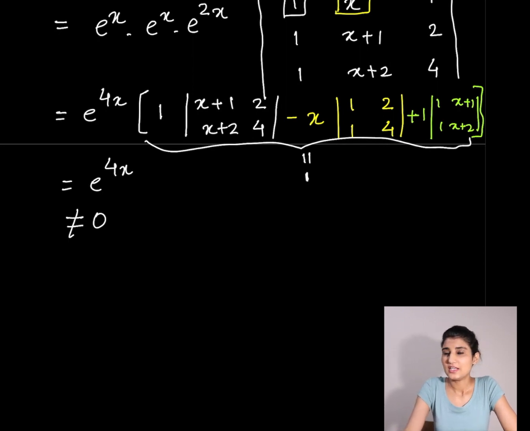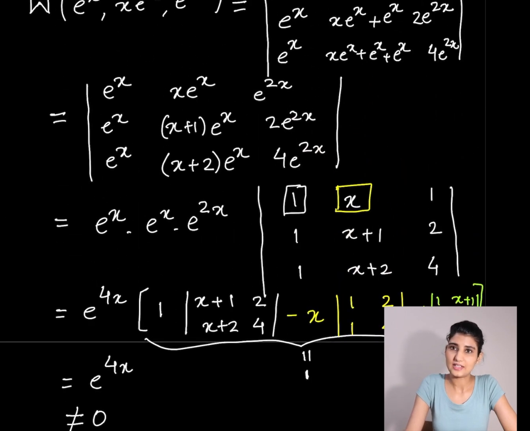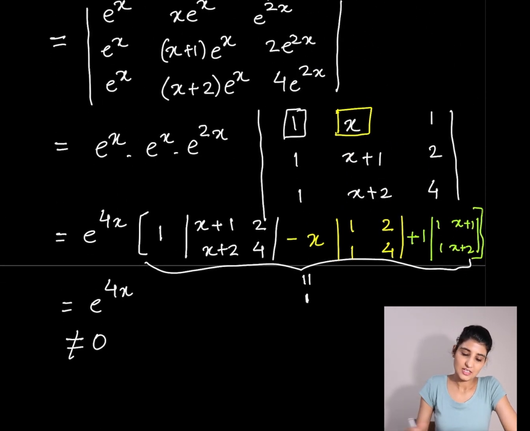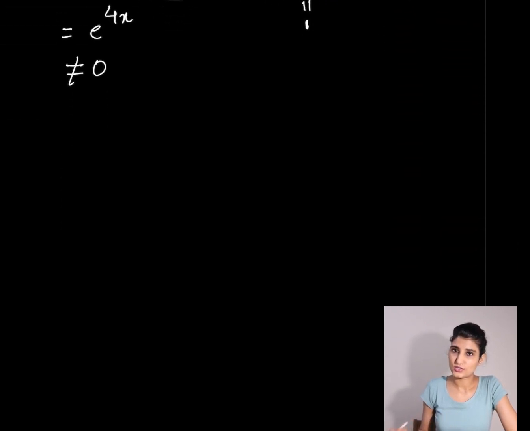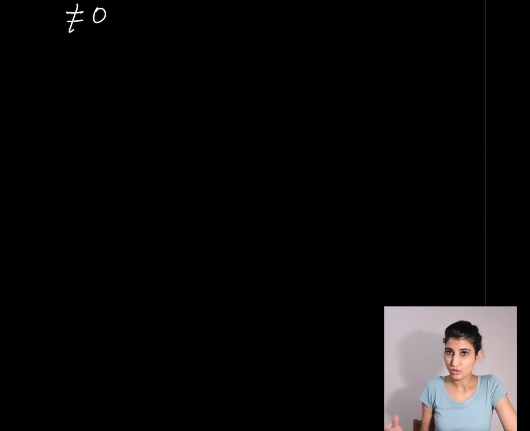So remember, in case of order 2, we had a result about Wronskian and linear independence, that the Wronskian is non-zero if the functions are linearly independent. Similarly, these three functions are linearly independent and the Wronskian is non-zero. Actually, this is no coincidence.